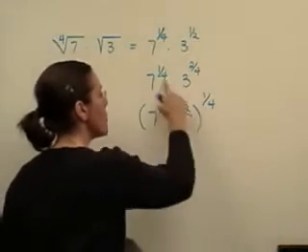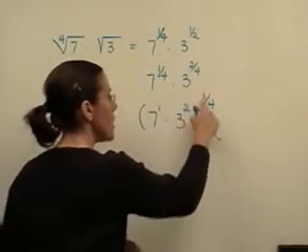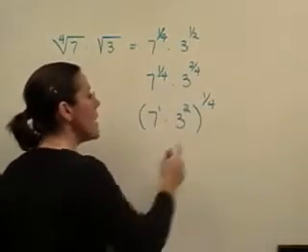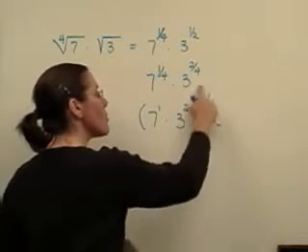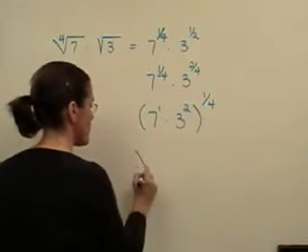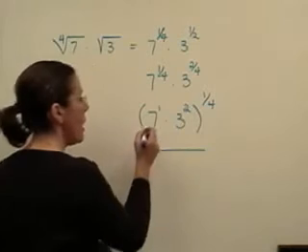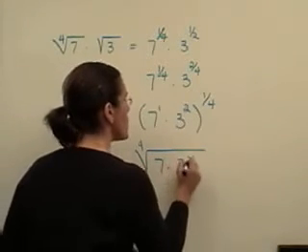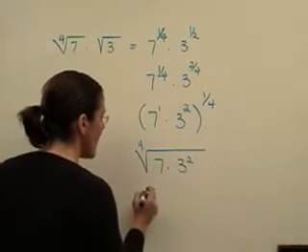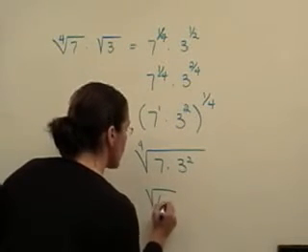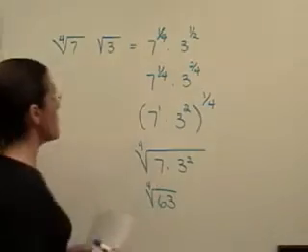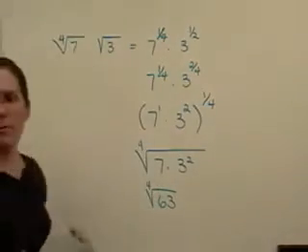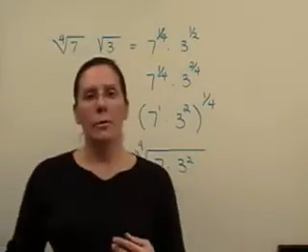This 1 times 1/4 is that 1/4, and 2 times 1/4 is that 2/4. And I can now write this as the 4th root of this expression in the parentheses, 7 times 3 squared, or 7 times 9, which is 63. And I've written this now as a single expression, having gone from two radicals that had different roots.